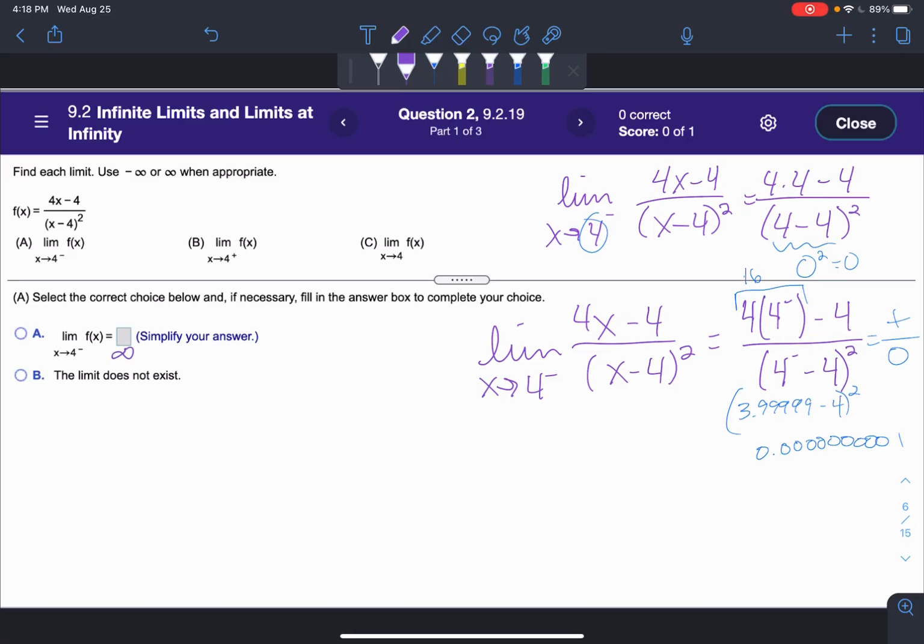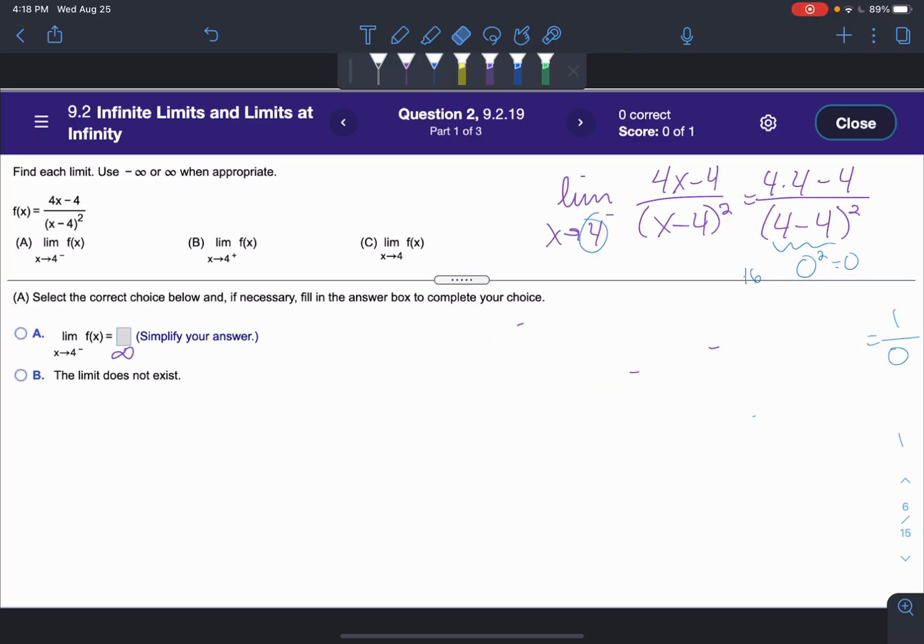Now, if that was a little too conceptual for you, you can always graph these functions or try finding certain points. You can definitely do that as well. So if you have Desmos or a graphing calculator handy, or you know what this function looks like, you can always look at a graph.